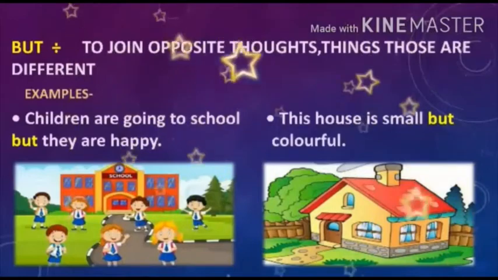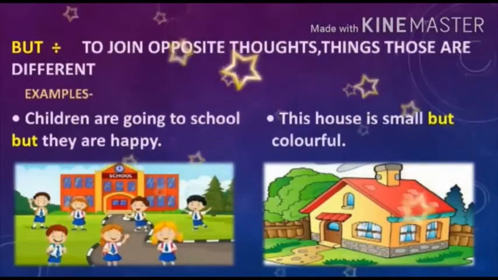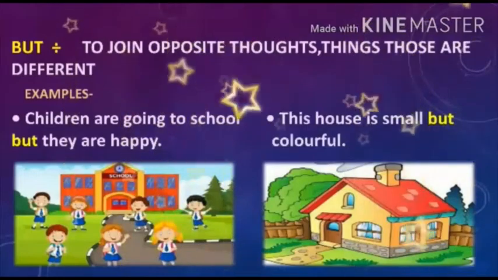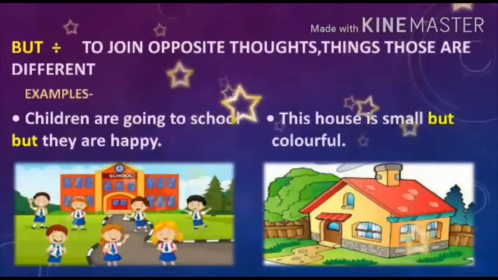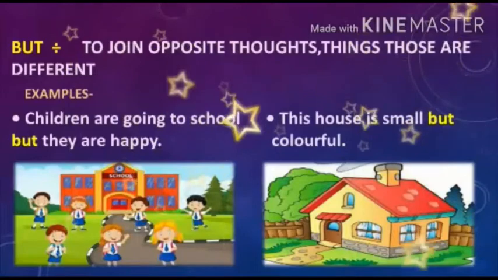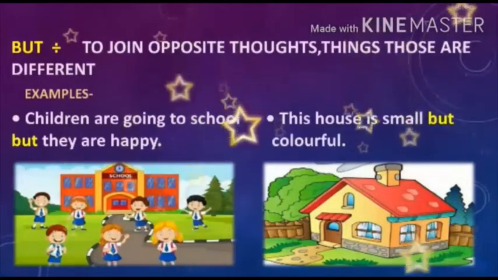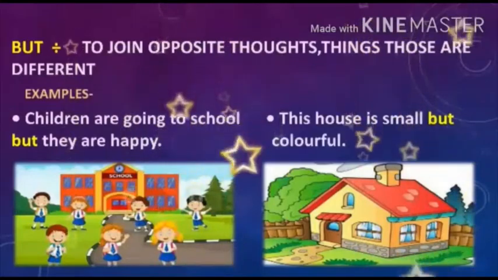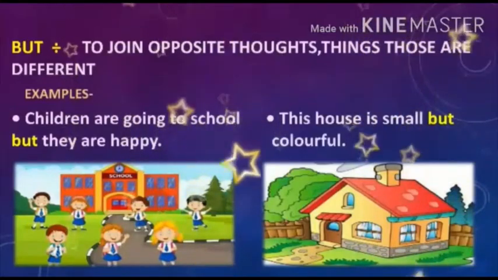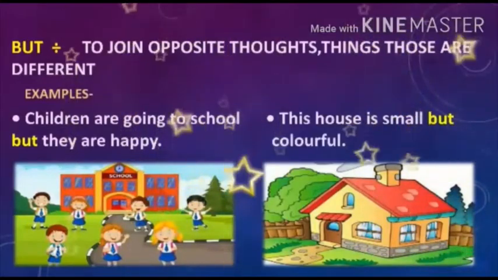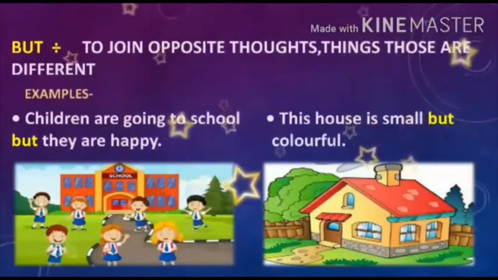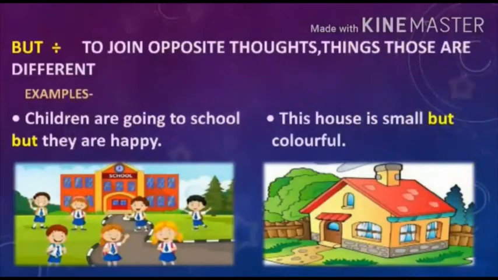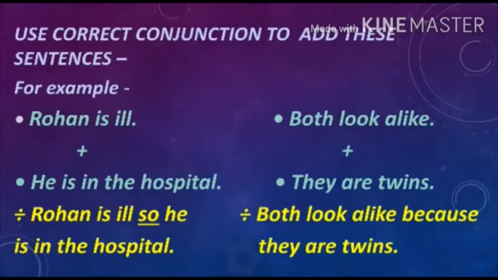That's why we have used the conjunction but. Let's move towards the next example. This house is small but colorful. Here the house is small, but the good point is that it is colorful. So two opposite things are here also. That's why we have used the conjunction but. With the help of these two examples, we came to know that but is used to join opposite thoughts, things that are different.